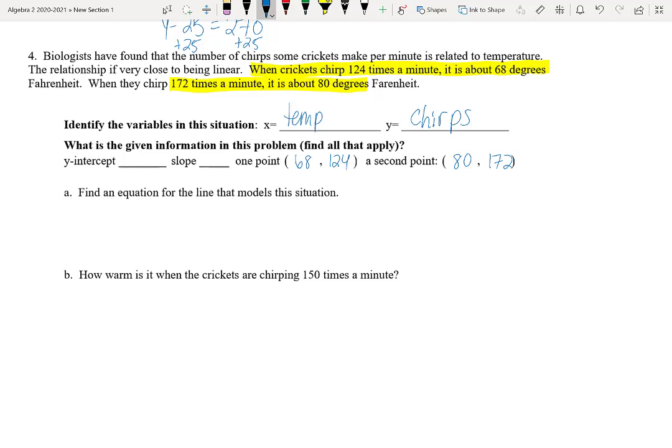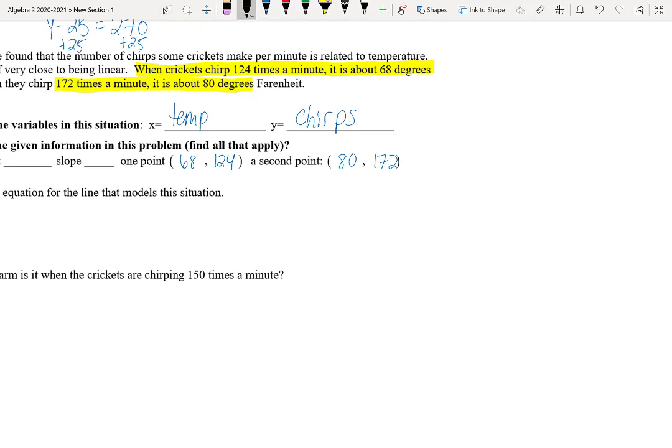Those are my two points. Again, temperature is x, chirps is y. So with this one, because I don't have the rate, I have to use my slope formula to find that slope in order to use either of my two equations. So for my slope formula, I'm just going to do this off to the side.